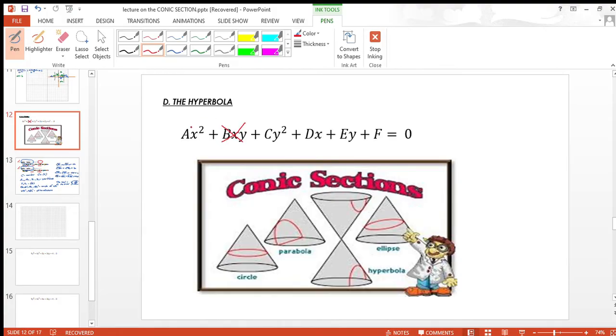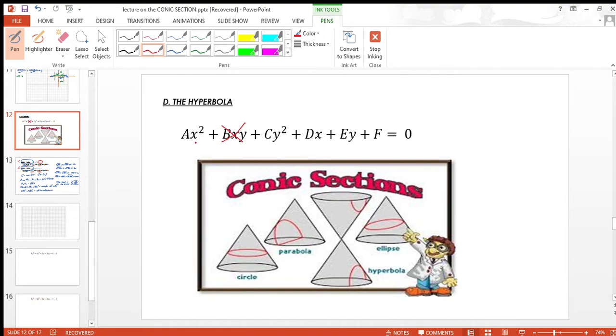So let's review. For the circle, xy is missing, A is equal to C. For the parabola, xy is missing, there's only one squared term. For the ellipse, xy is missing, there are two squared terms.